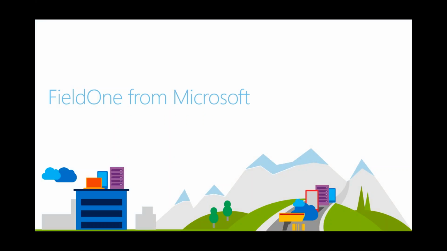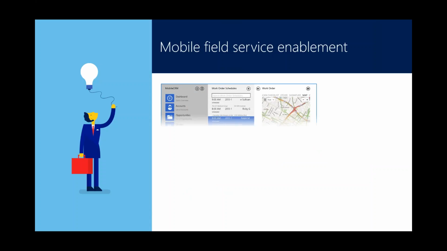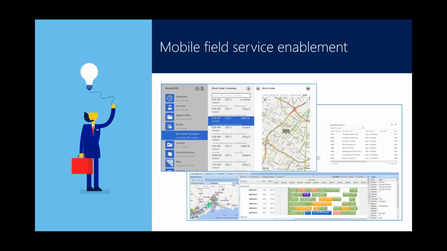And finally, on customer service, I know that some of our customers are already using Field One, but Field One is now what Microsoft are calling a preferred solution for CRM online.